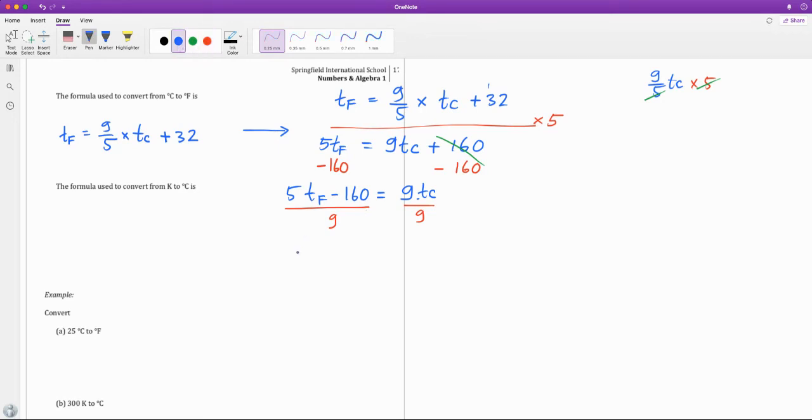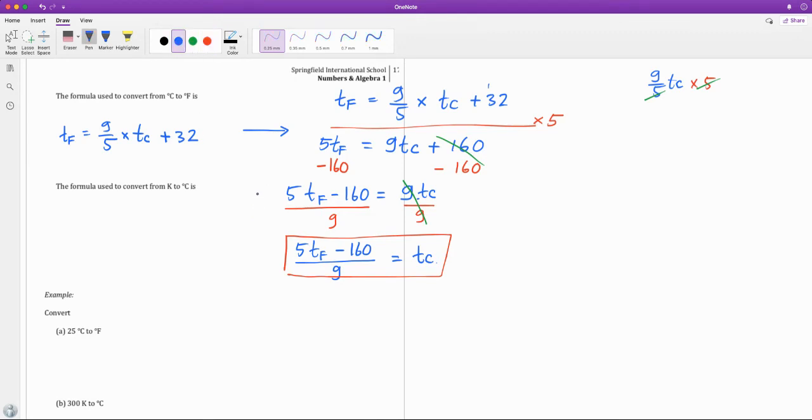On the left-hand side, we have 5 TF minus 160, divided by 9. On the right-hand side, the 9 cancels out. So we have TC left. And this is our formula if we want to convert from Fahrenheit to Celsius.